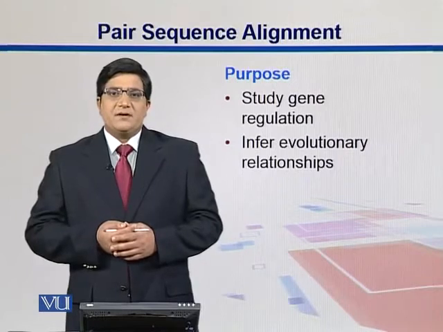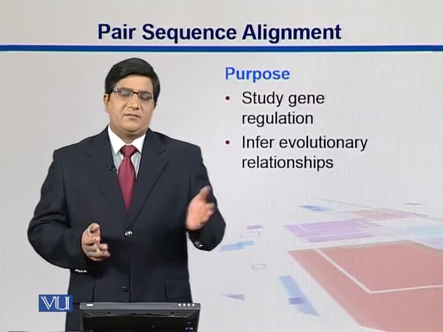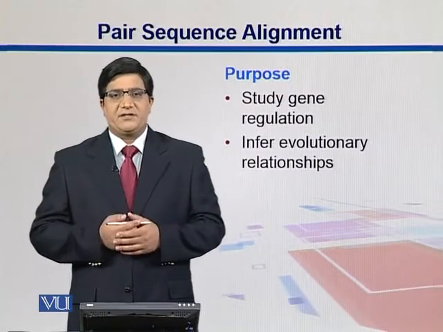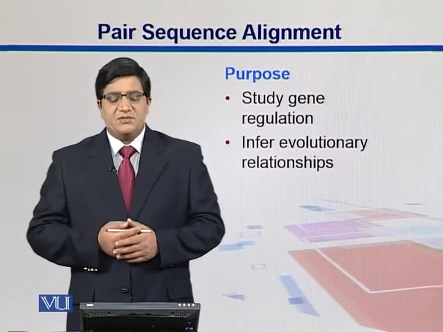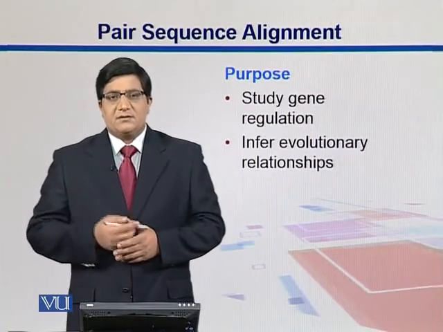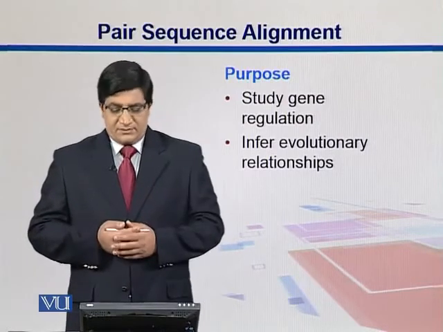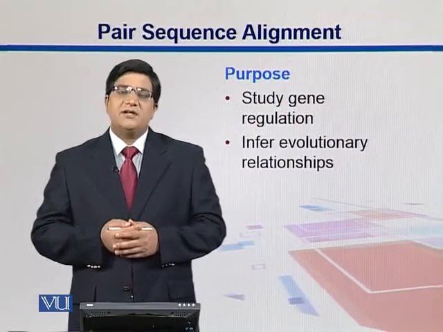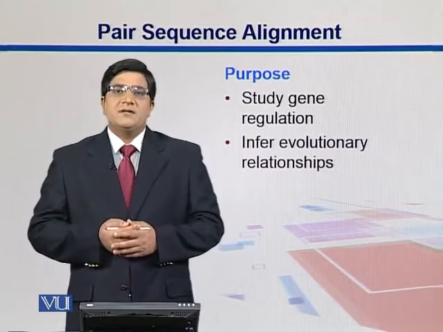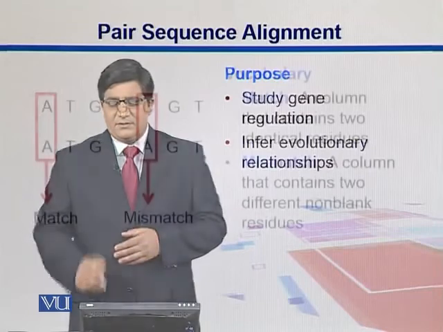So we need to find the regions of similarity between this microRNA and its target messenger RNA, so we can identify what their targets are. We can use pair sequence alignment in this example to bind a microRNA to its target. We can also infer evolutionary relationships between the sequences, how far and how distant they are.